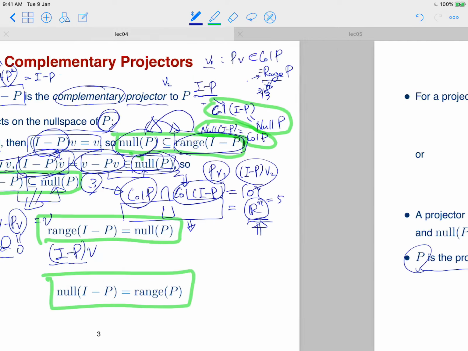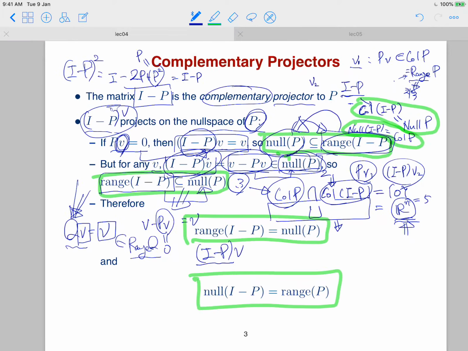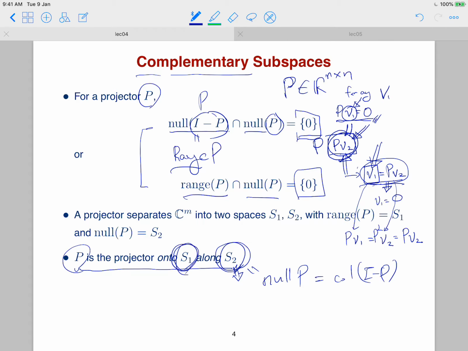So this light shedding direction always belongs to the null space. The subspace that contains all these projection points is the column space of P, which is S1.